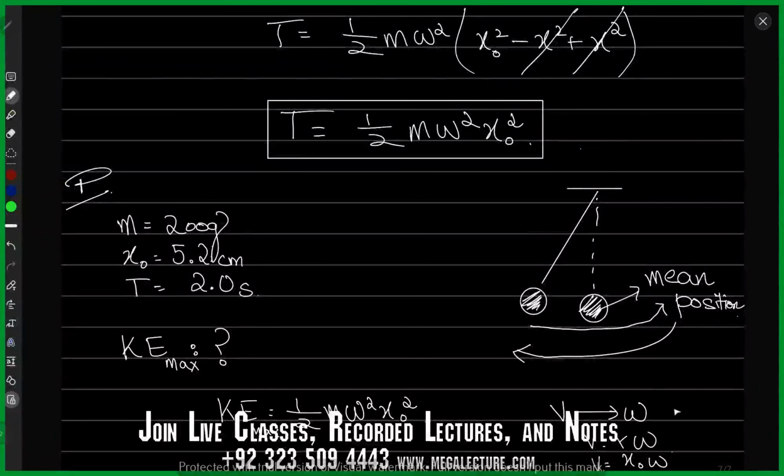If I square both sides, I get v squared is equal to x naught squared omega squared. So I can replace this with v squared, and I just get half m v squared. I just want to find the value for v, and I have to figure out the maximum kinetic energy.